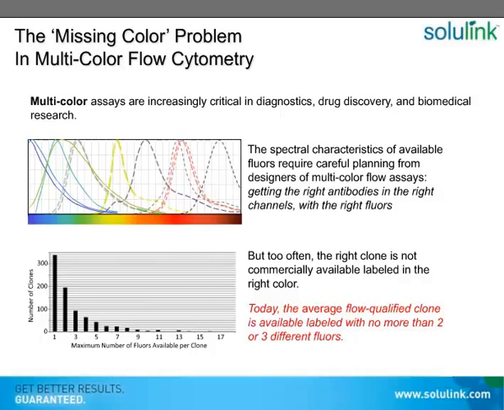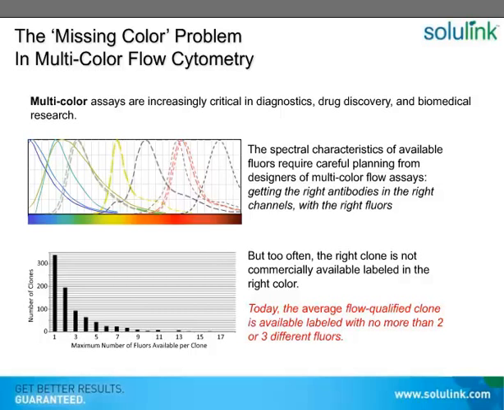And the problem that this presents for the flow cytometrist doing multicolor flow cytometry is, of course, that if you only have 1 color channel open in your multicolor panel to insert a new antibody into, as you are, say, expanding the panel, if you can't find the antibody you need labeled with the color that fits in that channel, then your choices are really very limited.